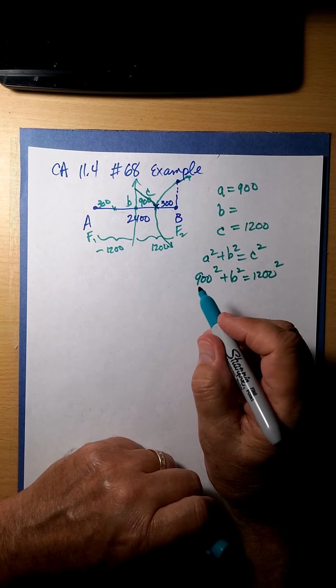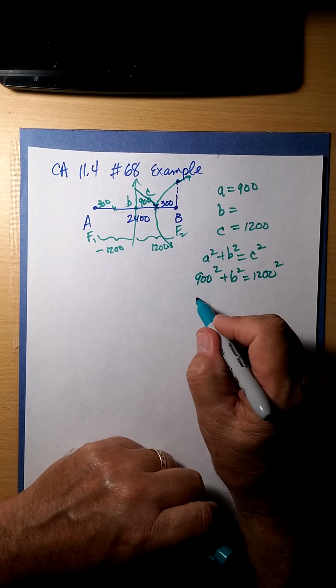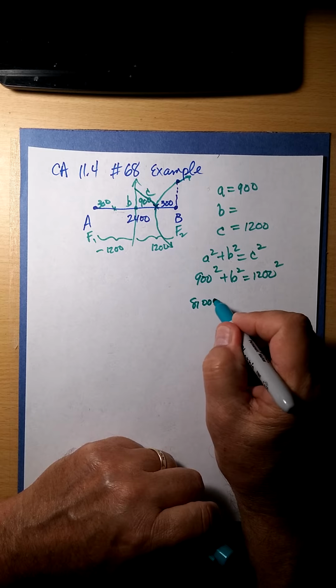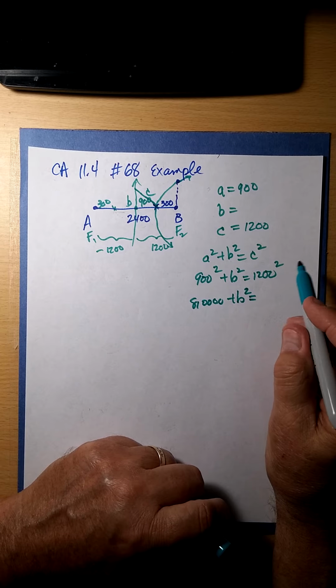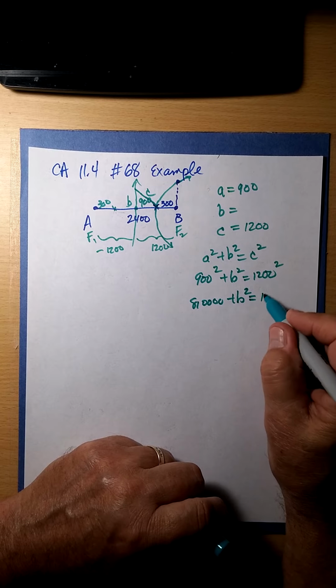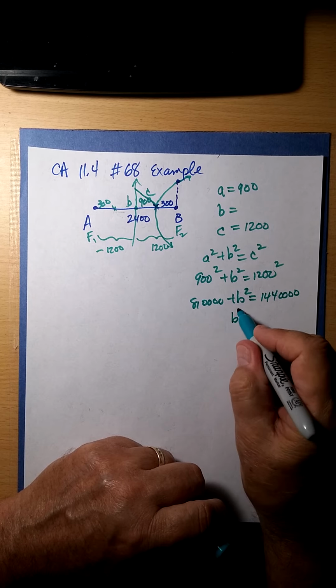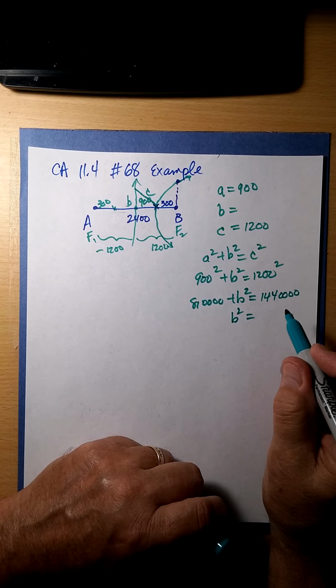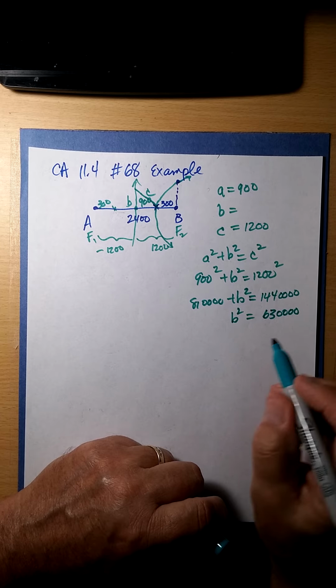When you square those, you get 81 with then 4 zeros plus b squared. And this is 144 with 4 zeros. So b squared, when you subtract the 2, you get 63 with 4 zeros.